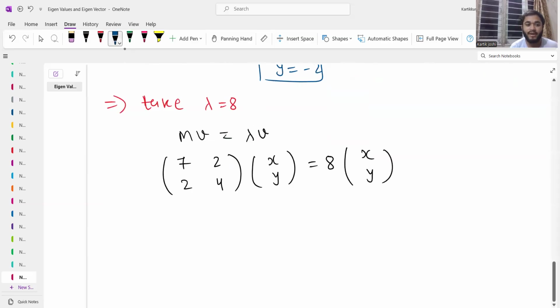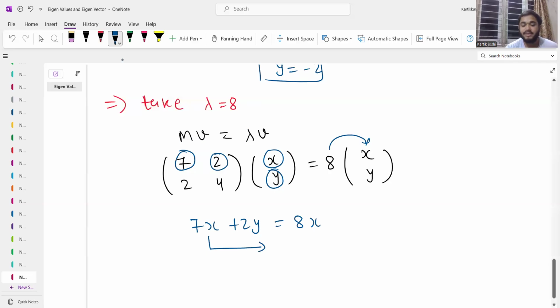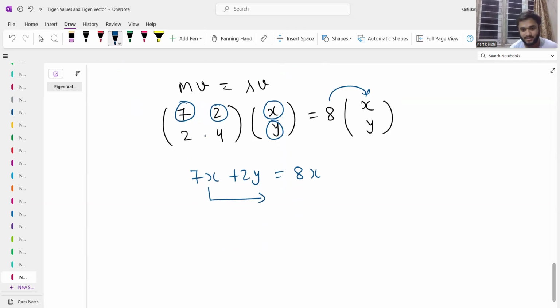So we multiply 7 into X with 2 into Y, which is equal to 8X. So 7X plus 2Y is equal to 8X, and your answer is 2Y is equal to X.